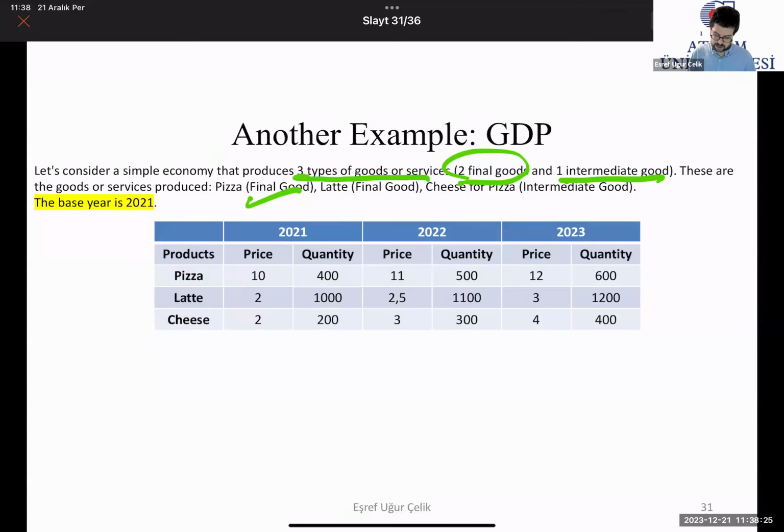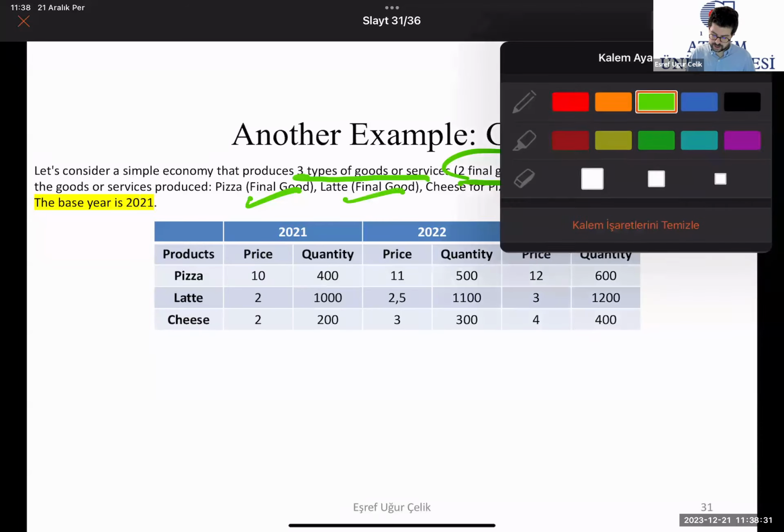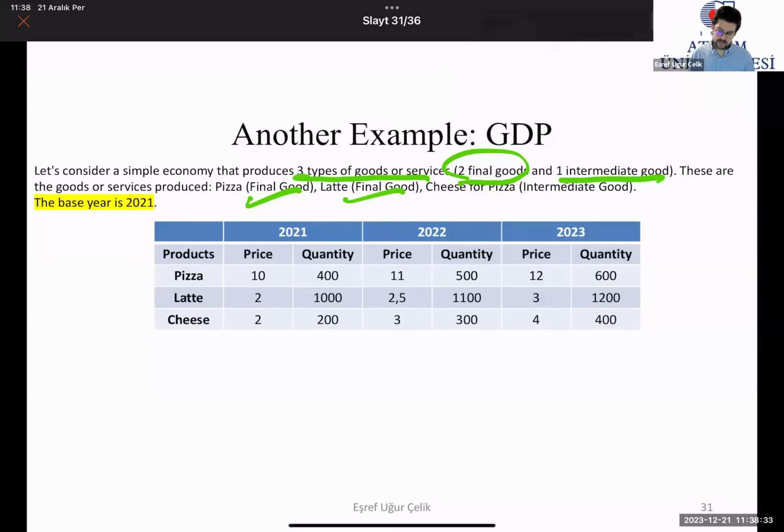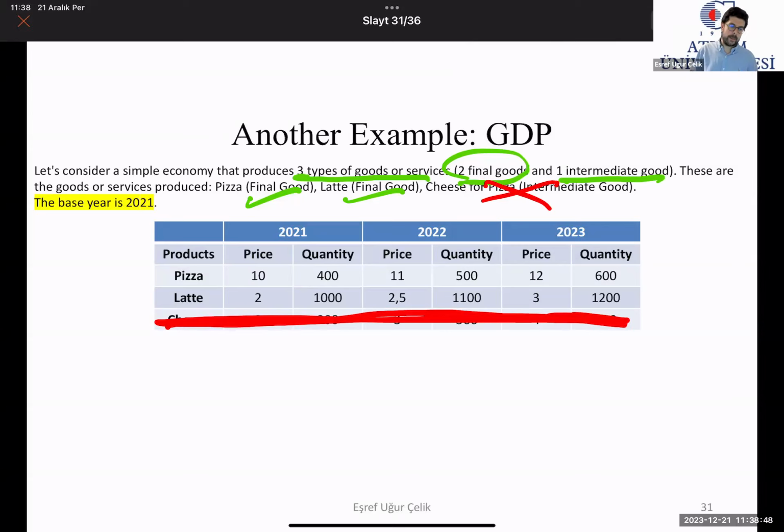Pizza, final good. Latte, final good. Cheese for pizza, intermediate good. You can delete it. So we can delete cheese on that row. If we include it, we make a double counting error, okay?